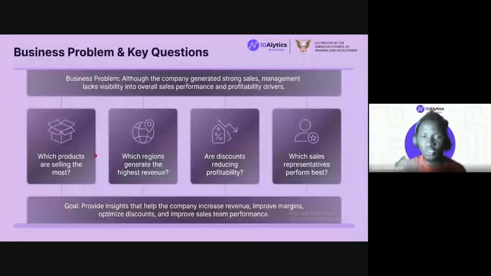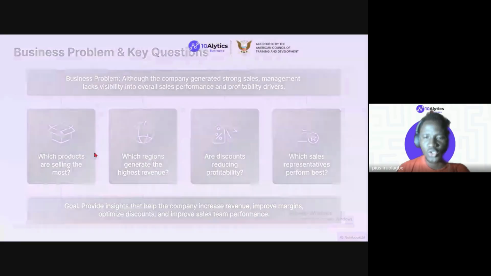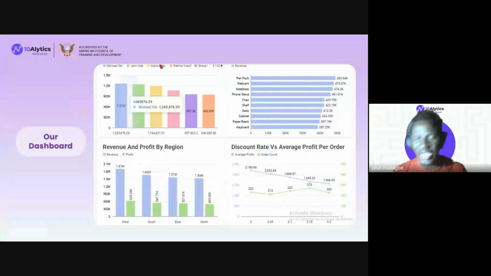Under 15 minutes, we'll be able to answer these questions. They do not know if discounts are reducing profitability, and they also need to know which sales representative performs best. So they need the answers to these questions. I have a dashboard here that has been designed with AI in under 15 minutes.